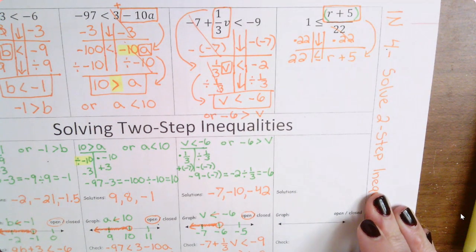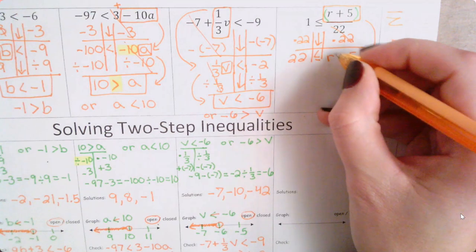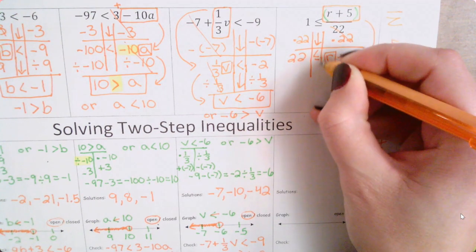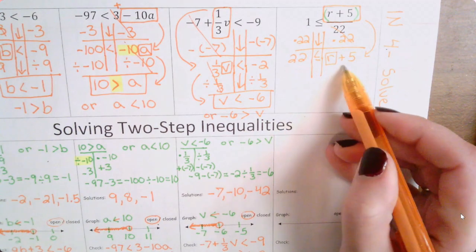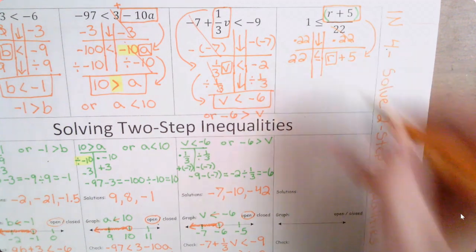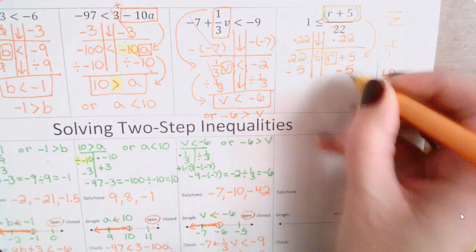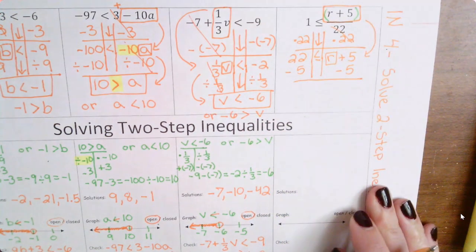So now I have a one-step inequality. I will box in just my variable, extend my railroad tracks here. I want to get the R by itself, so I want to get rid of the plus 5. The opposite of adding 5 would be subtracting 5. So I will subtract 5 on both sides.